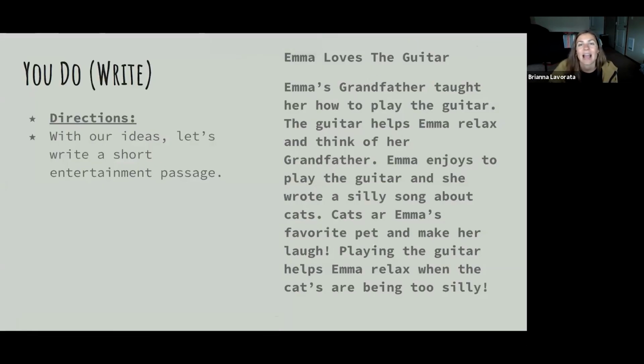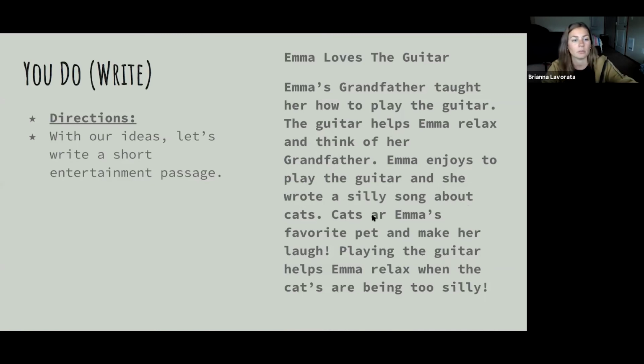So it says, we have the title of our entertainment story here. It says, Emma loves the guitar. And let's go ahead and read. So it says, Emma's grandfather taught her how to play the guitar. The guitar helps Emma relax and think of her grandfather. Emma enjoys to play the guitar and she wrote a silly song about cats.